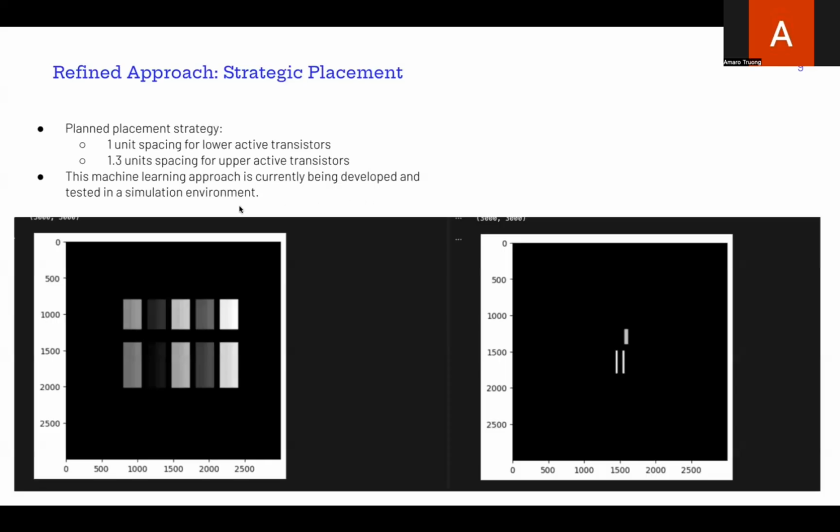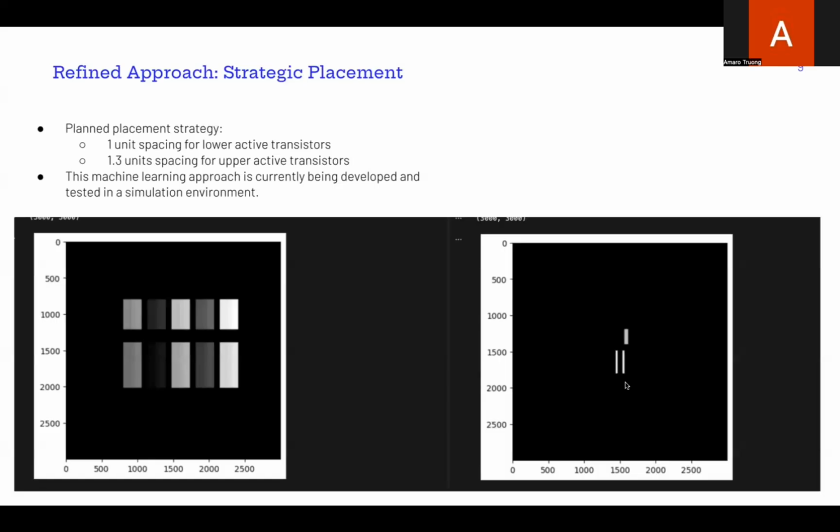Currently, a machine learning approach using a random forest regressor is being developed and tested in a simulation environment. In this particular case, this ASIC is a chip known as NAND2, one of the simpler and more basic ones in the community, used for our random forest regressor model.